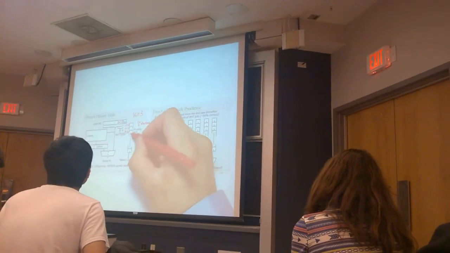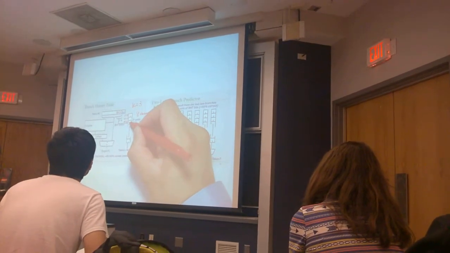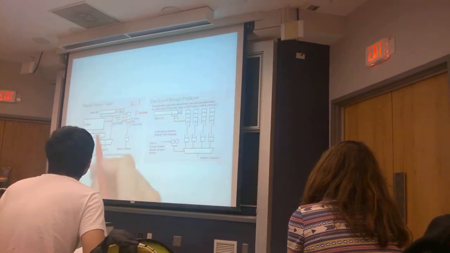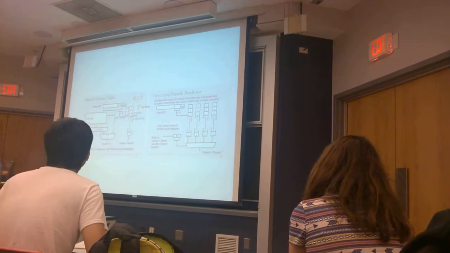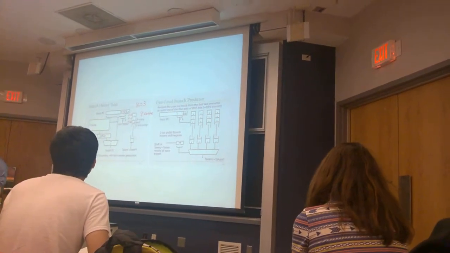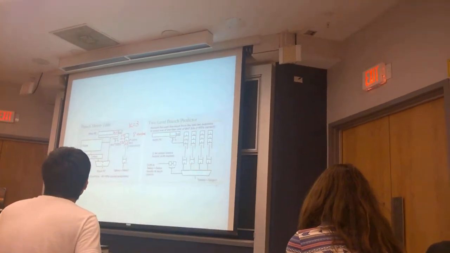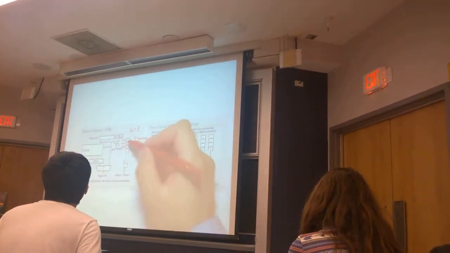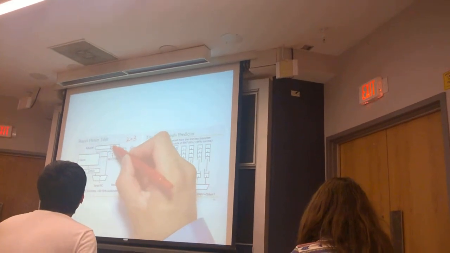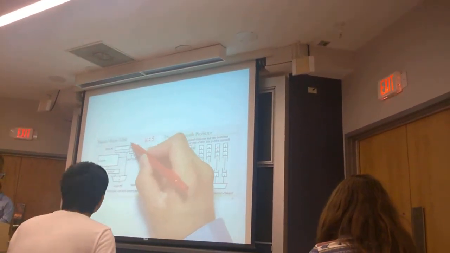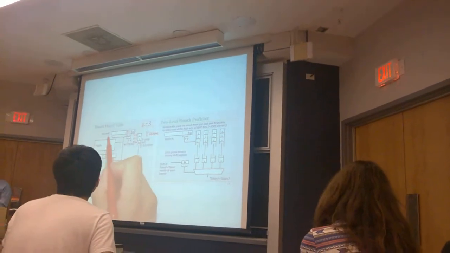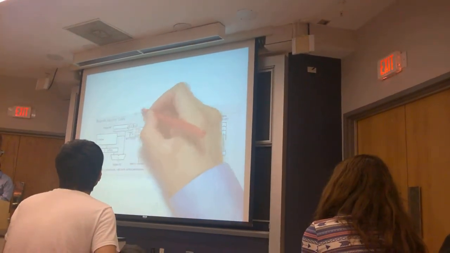And it depends on the value here. For example, if the value here is 1, 0, then this instruction will be predicted as taken, because the first bit is 1, right? So based on the last digits, we get to know this PC is predicted as taken.